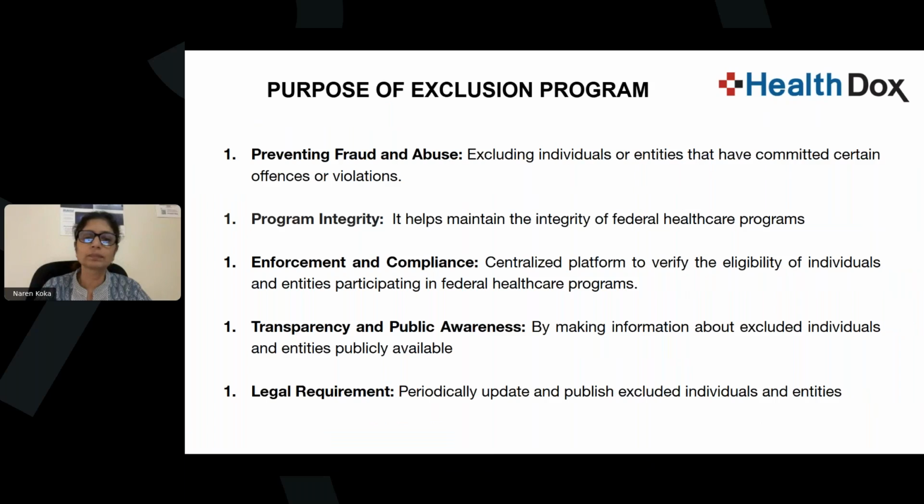So before we go into the details, it's very important to know why this exclusion program exists, right? It exists to protect Medicare, Medicaid, or any other federal funded programs, and it protects these programs by keeping out the individuals or even organizations who have committed fraud or abuse or any serious violation during their services.